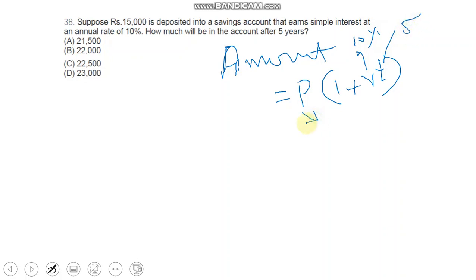This is your principal amount which you have deposited, 15,000. So now on solving this question, we have A equals 15,000 into 1 plus 0.1, which is the interest rate, into time, which is 5 years.